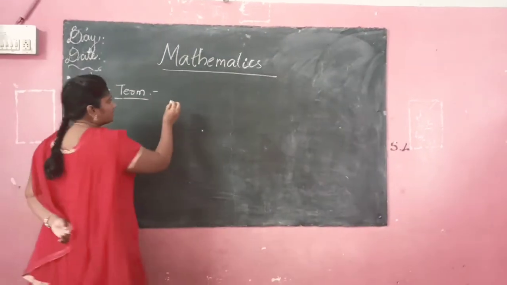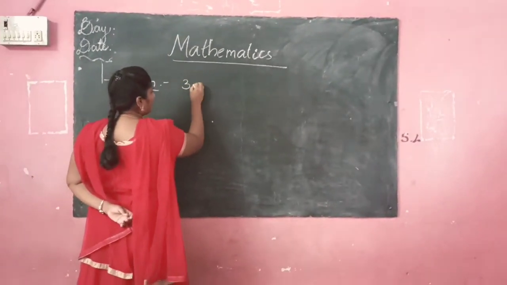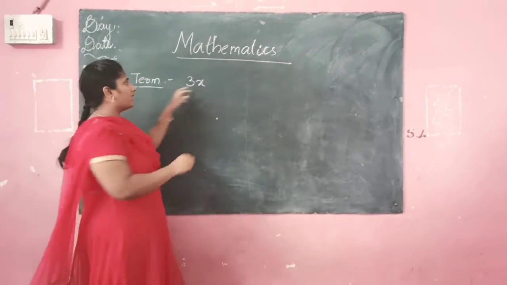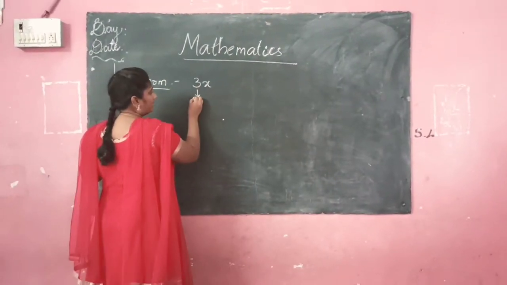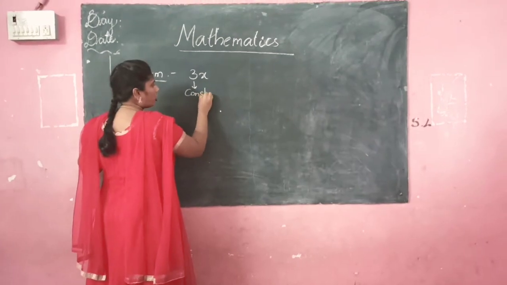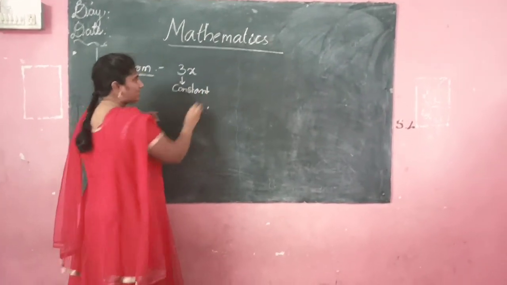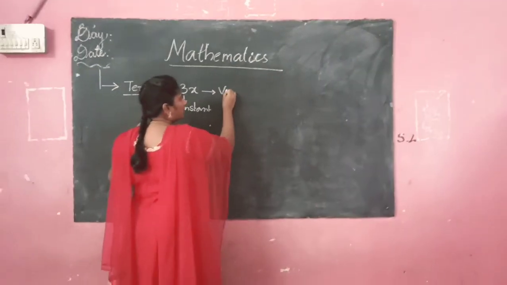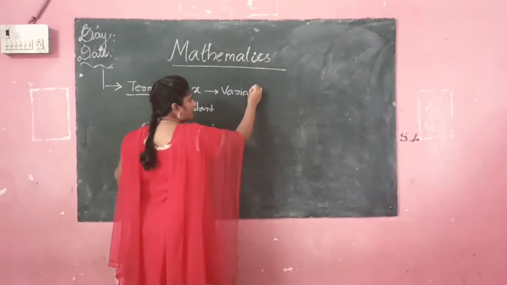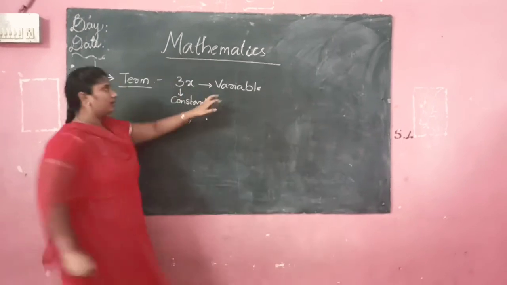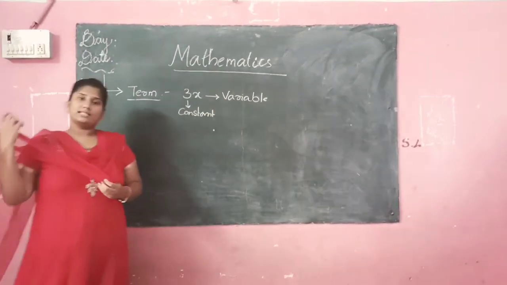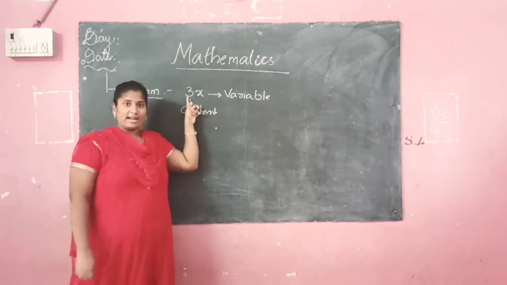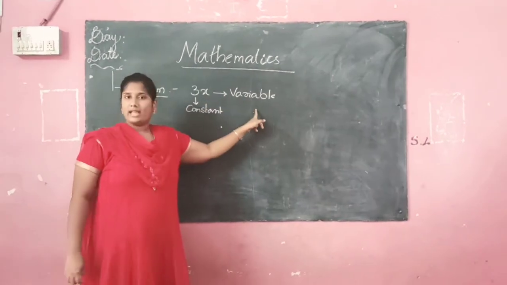For example, see, 3x is a combination of, what is 3 here? Constant, right? What is x here? X is a variable. Correct? Understanding children? So here 3 is constant and x is variable.